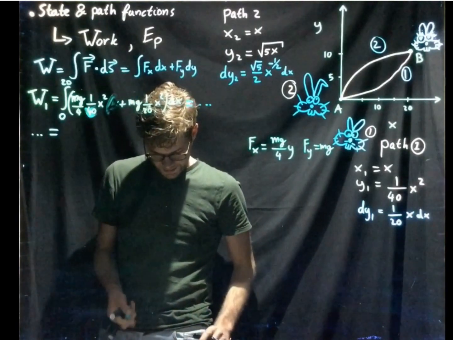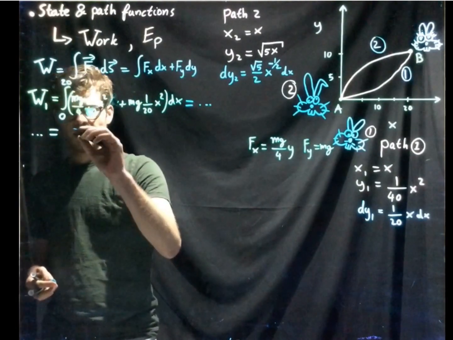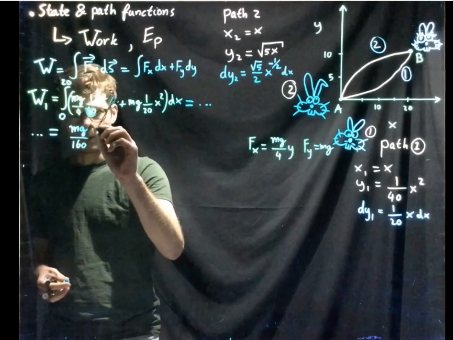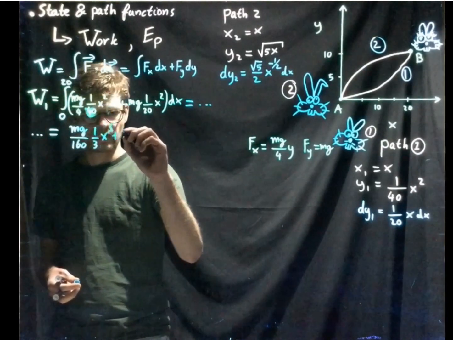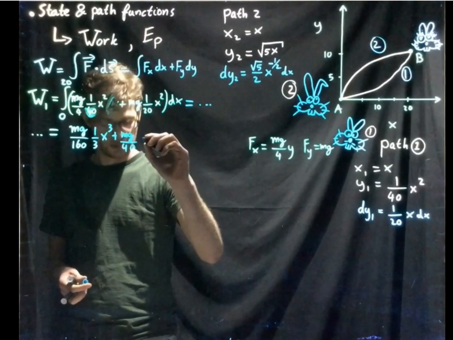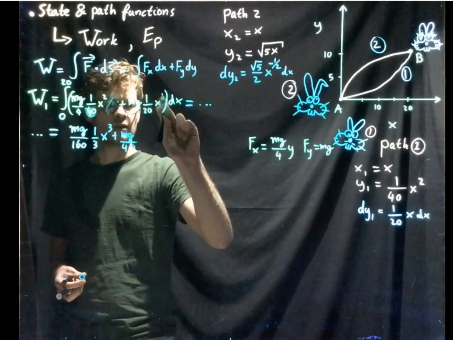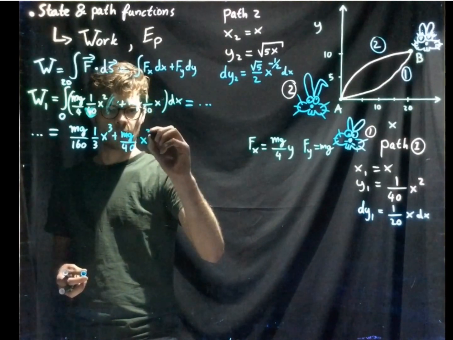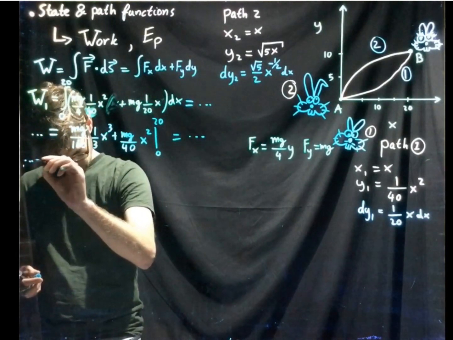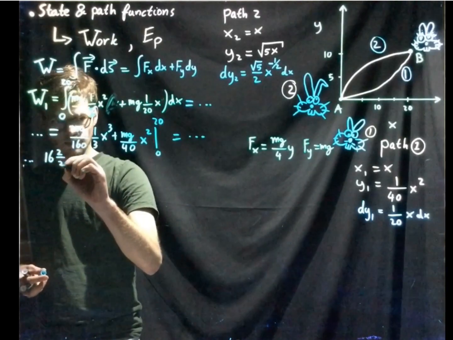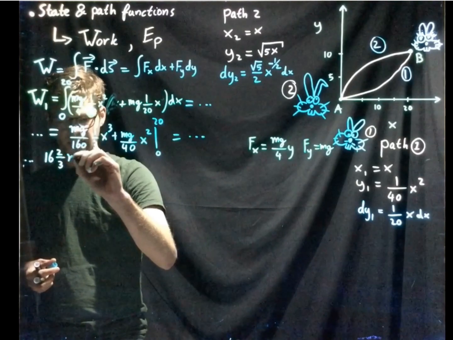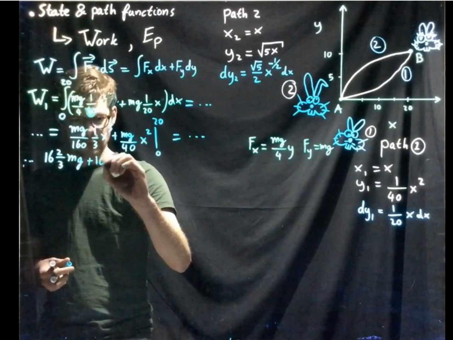It will lead to mg divided by 160 multiplied by 1 over 3 x to the power 3 plus mg over 40 x to the power 2 between 0 and 20, and this will lead to 16 times 2 over 3 multiplied by mg plus 10 mg.